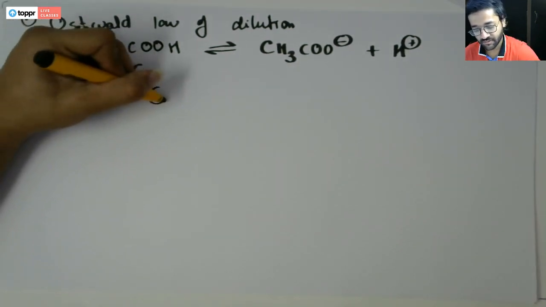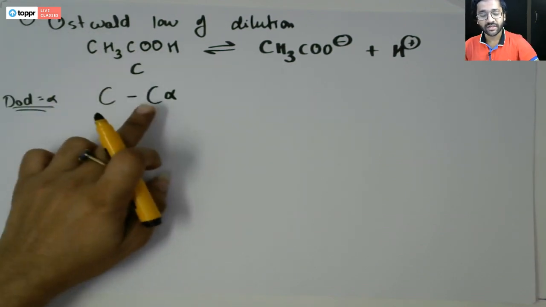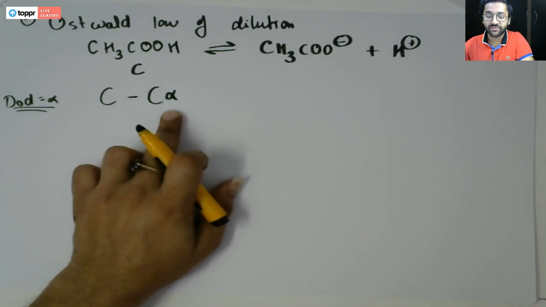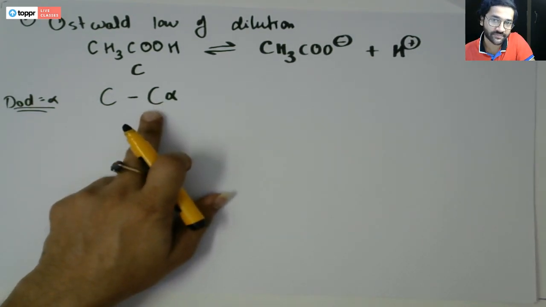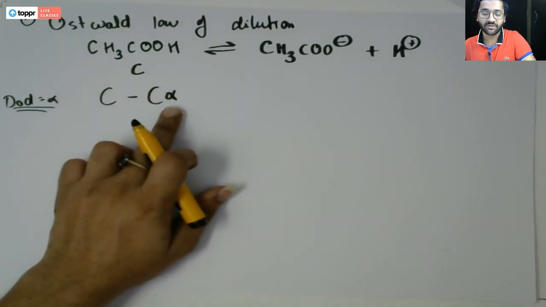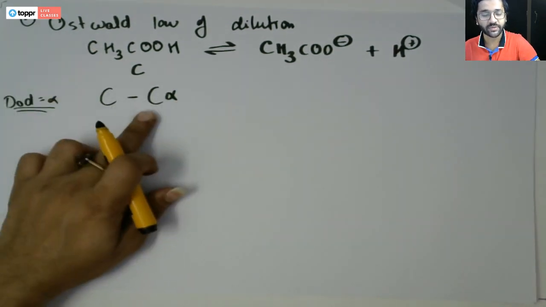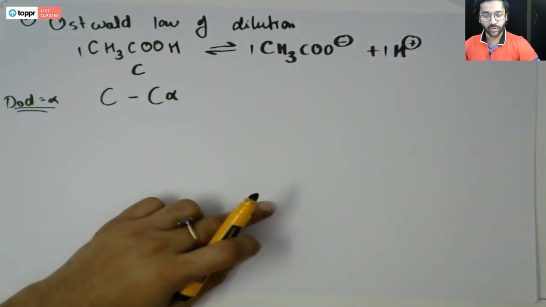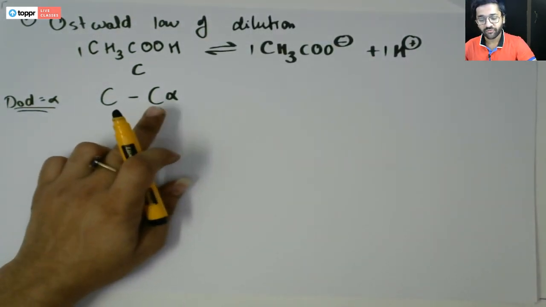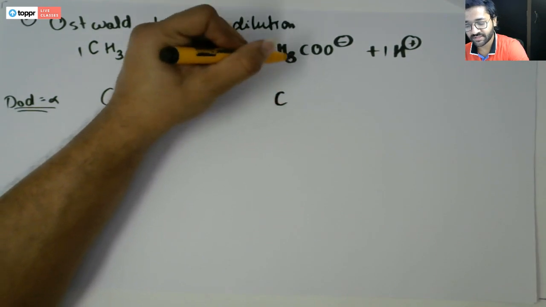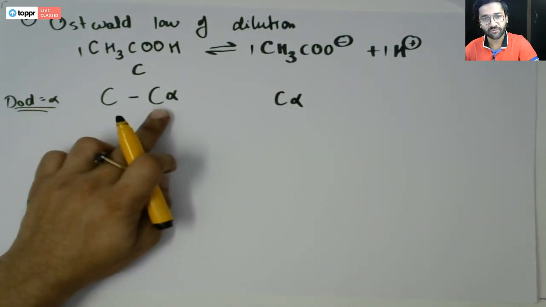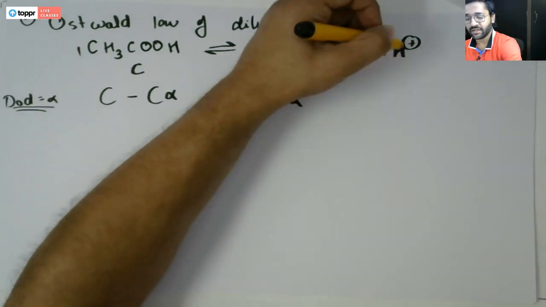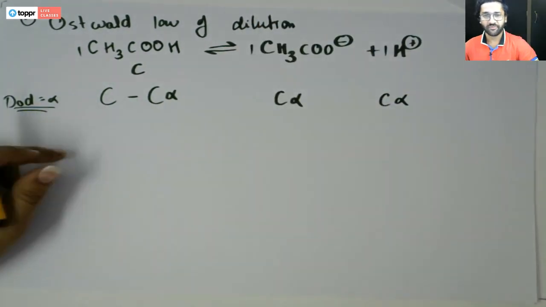Hence the reactant will decrease by this term, the degree of dissociation times the initial concentration. Because the coefficients are 1 overall, the same amount will be formed in the case of CH3COO minus. The amount which broke down from CH3COOH will be visible in the ionic form, which is C alpha, and H plus, which will also be C alpha.